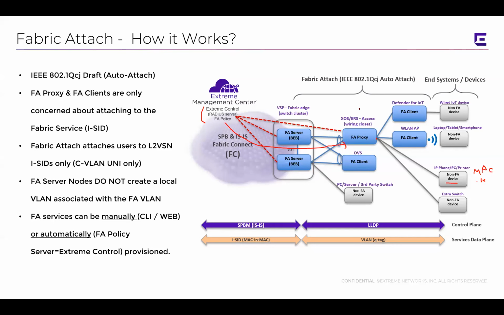With these Fabric Attach attributes, even if you don't have any VLAN globally created on the access switch, first it's automatically created, okay? Then it's assigned to this port, and it's tagged from the uplink port. And the I-SID, the specific I-SID, because we need the I-SID for the communication inside the SPB domain, is also signaled back to the FA server. So this means a complete automation at the access part of our network.